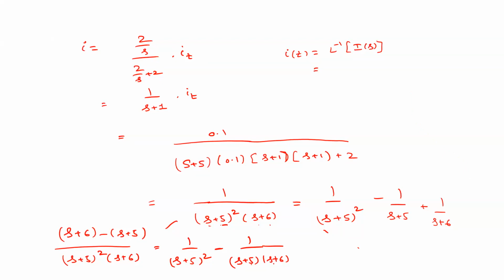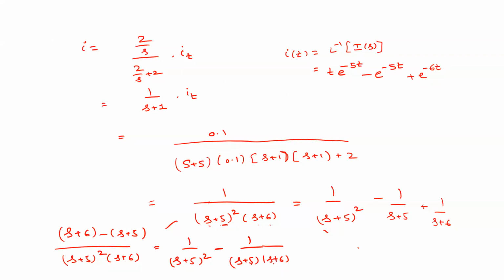So what is 1 by s plus 5 square? e raised to minus 5t into t. Minus 5t only, right? Yeah. So this one is straightforward, e to the power of minus 5t, and this is plus e to the power of minus 6t. Okay, so this is its solution.